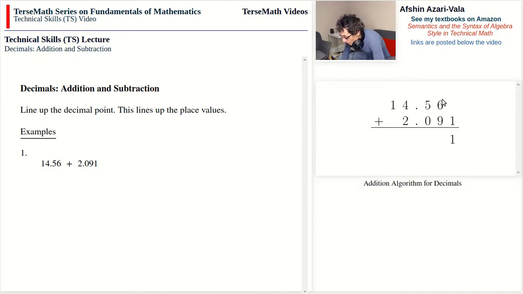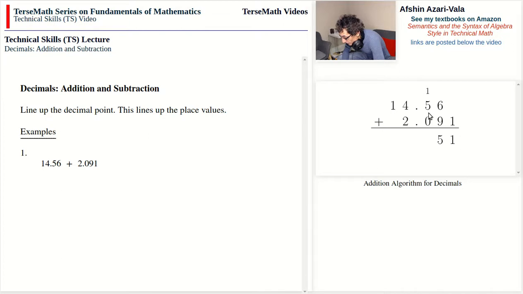And therefore, because the size of a 1 here in the hundredths is 10 times smaller than the size of a 1 in the tenths, 10 of these make one of those. And therefore, when we add 9 and 6 and we get 15, we write the 5 down, but we take the 10 and turn it into one of these. And so we put the 5 down and carry the 1.